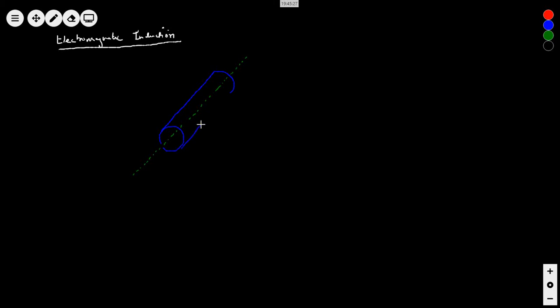This is a cylinder, maybe some kind of core, above which I am going to wrap some coil.